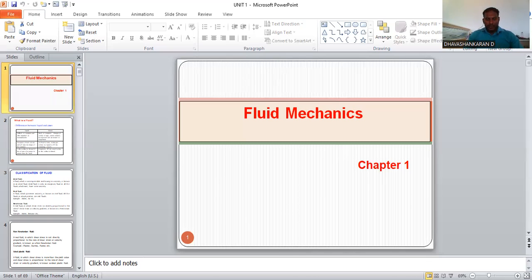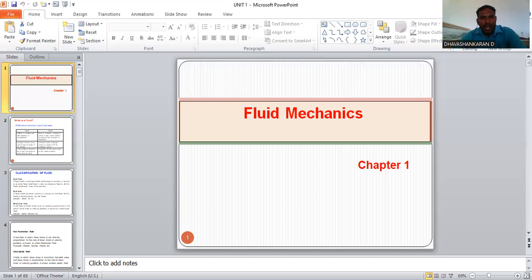Next one is specific weight. Specific weight, or weight density of the fluid, is the ratio between the weight of the fluid and its volume. It is denoted by the symbol W, and it can be written as W equal to rho into g.